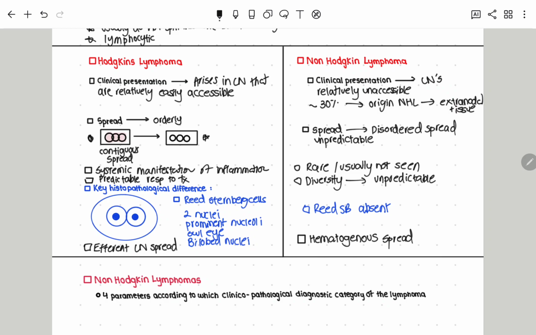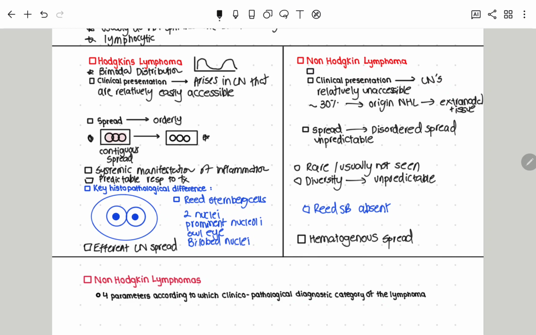And one other important point which I will also mention is that Hodgkin's lymphoma has something we call bimodal distribution in terms of its prevalence. And so if you graph it out, it looks something like this.